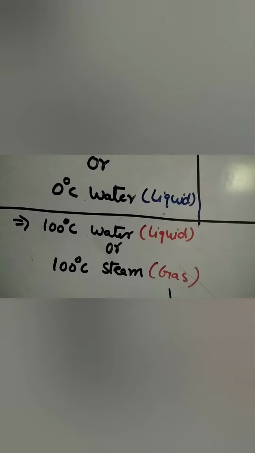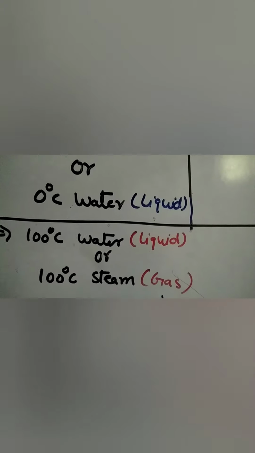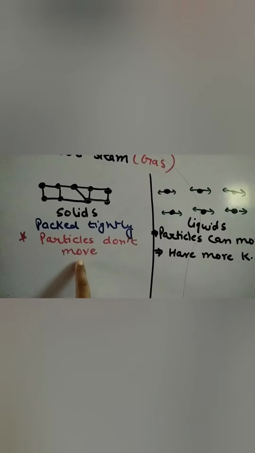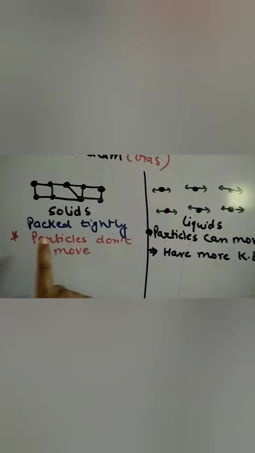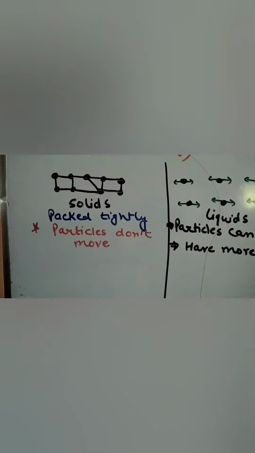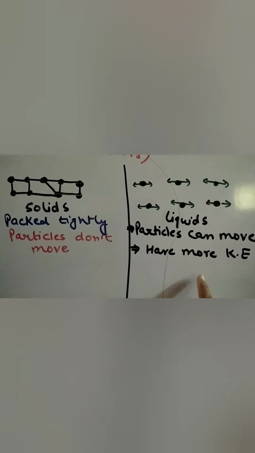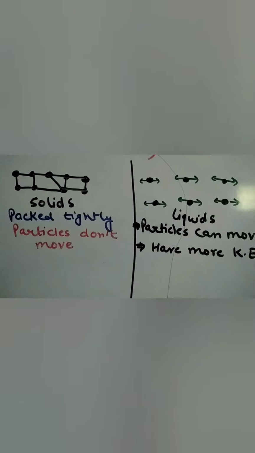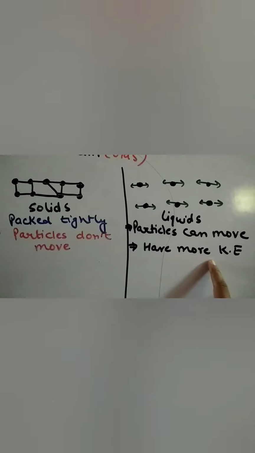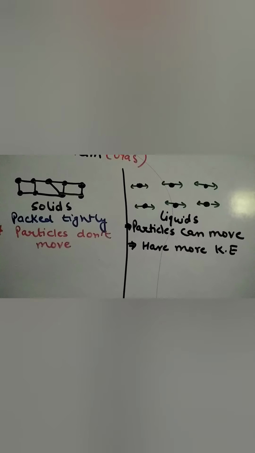First let's understand the theory part of it. So what is going on in here? Usually when we are having solids, let's say this is ice. The difference between solid and liquid is that in solids the particles are tightly packed, so they cannot move. But in liquids, particles can move a little bit more freely. Because of the movement, the particles will have more kinetic energy.